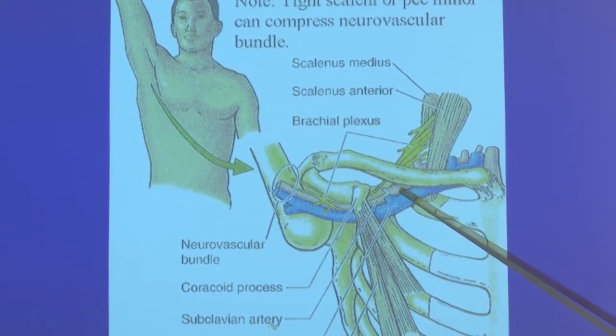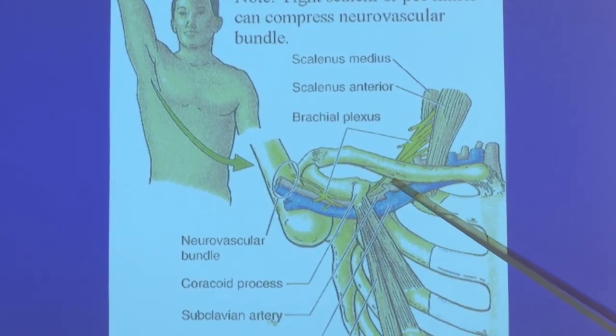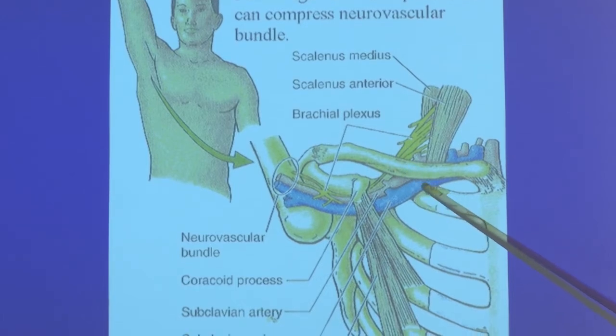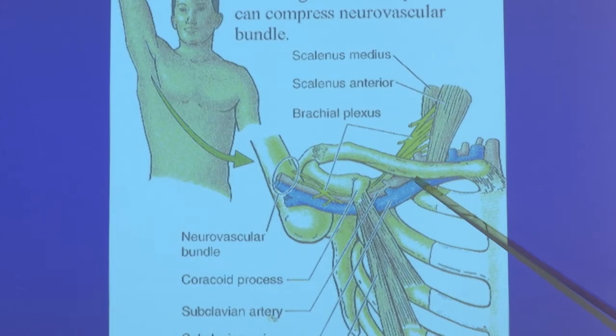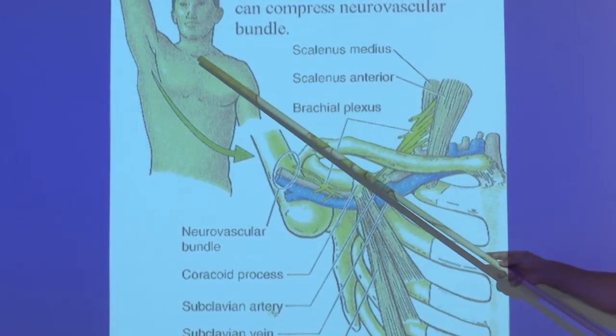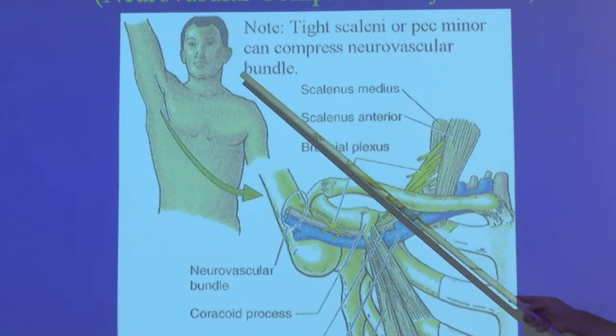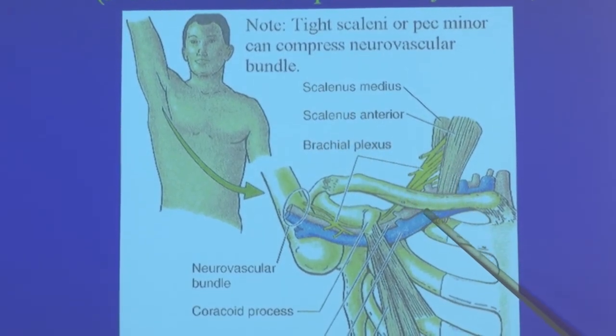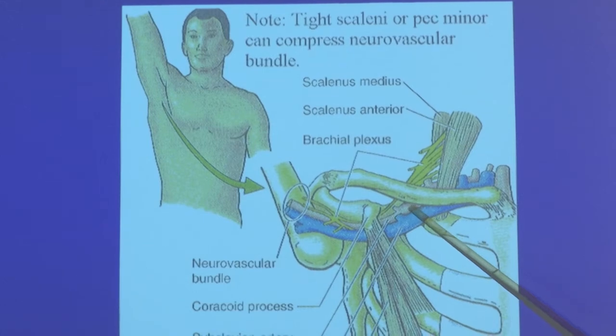So that's your neurovascular bundle. Comes down under the clavicle, as you see here, between the clavicle and the first rib. So that's your costoclavicular space, and that's also a potential site of impingement, especially as you see over here when you do a lot of overhead type work. The space diminishes and you have a higher risk of impingement.